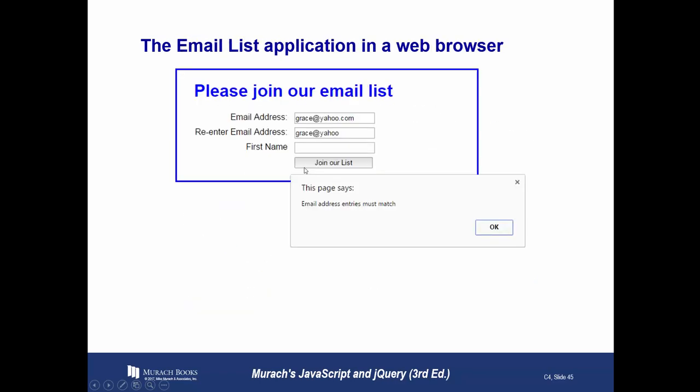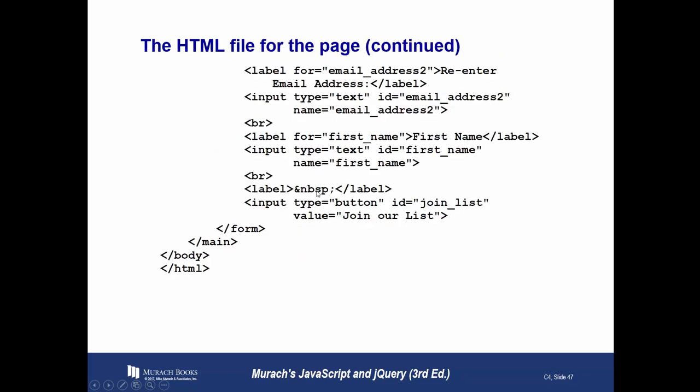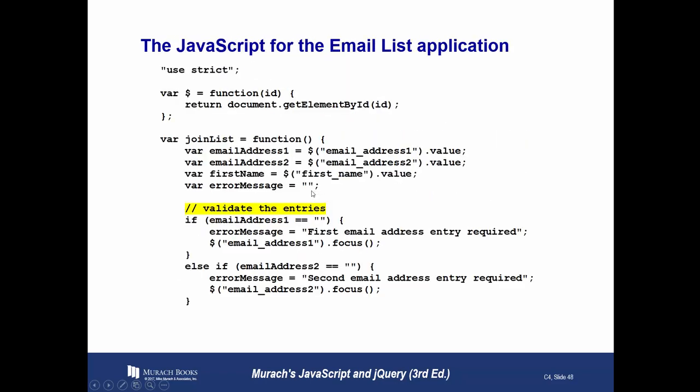So we're grabbing the email address of both of them and the first name. What are we looking for? First, that we put something in here and in here. Second, that what we put in here is an actual email address. Third, that what we put in here is an actual email address. And fourth, that they're the same email addresses. And that's what we're doing code-wise in here.